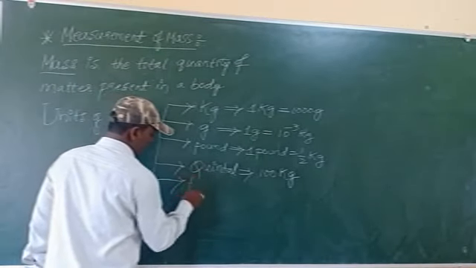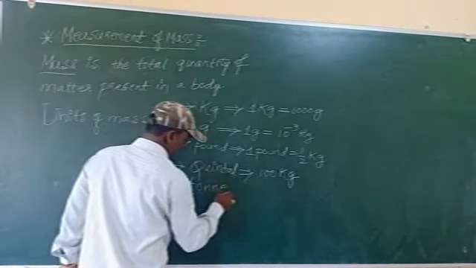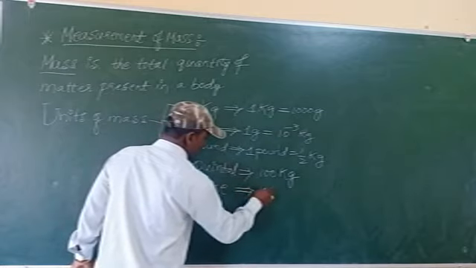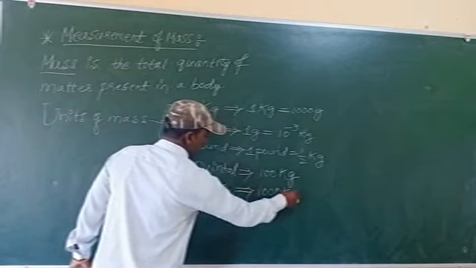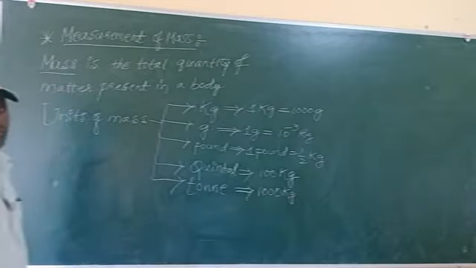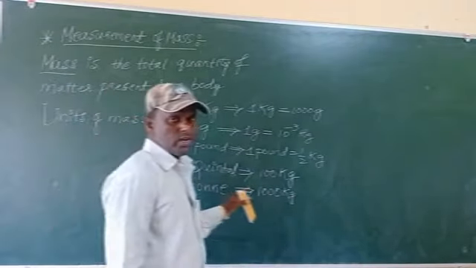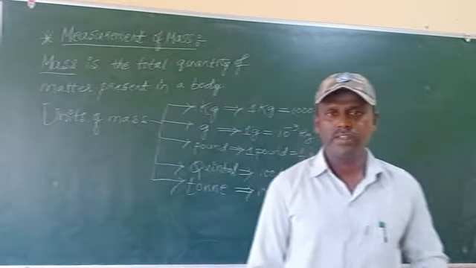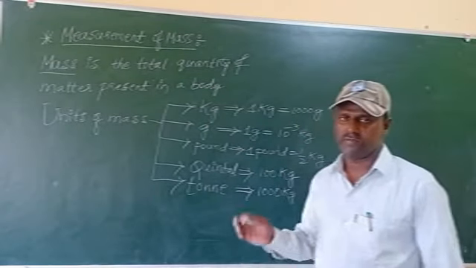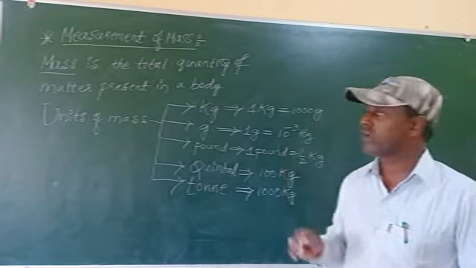Next ton. Ton equals 1000 kg. These are the common units used for measuring the mass of a body, mass of different objects.